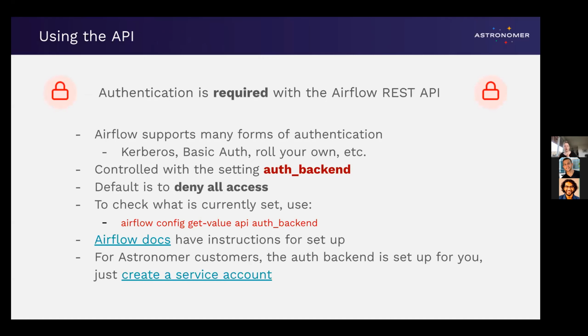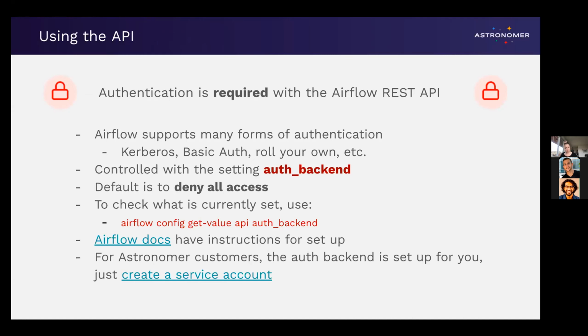I also want to talk about actually using the API. I mentioned earlier that one of the great things about the REST API with Airflow 2 is that it's much more secure, and part of the reason for that is that authentication is actually required with the Airflow REST API.